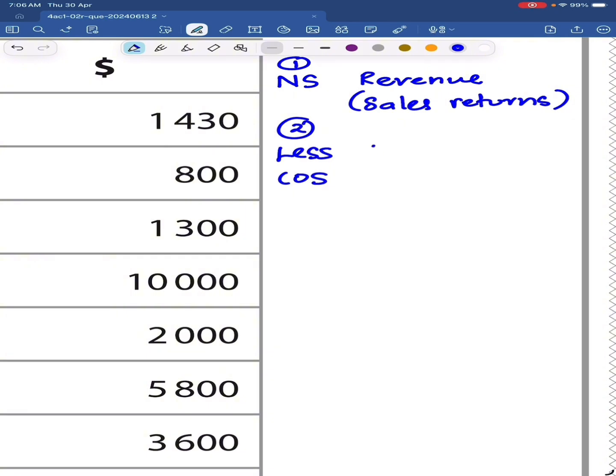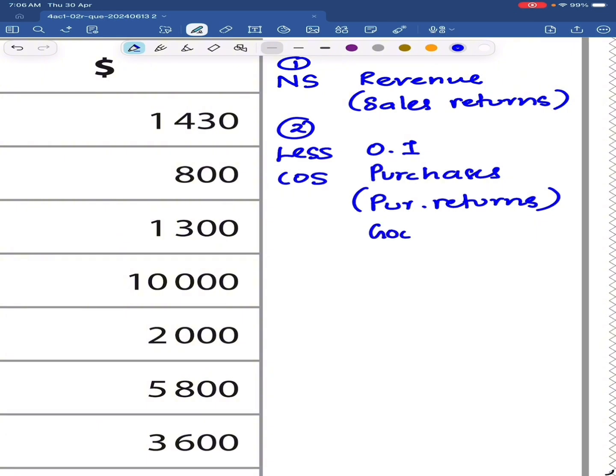So under cost of sales, opening inventory, purchases, any purchases returns you deduct, any goods drawings deduct, carriage inwards add, and then closing inventory which you deduct.